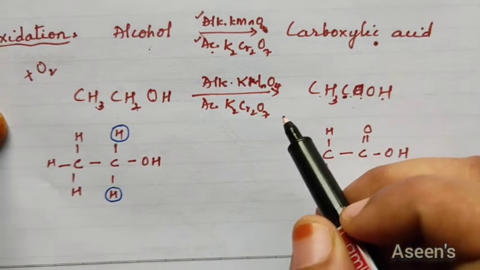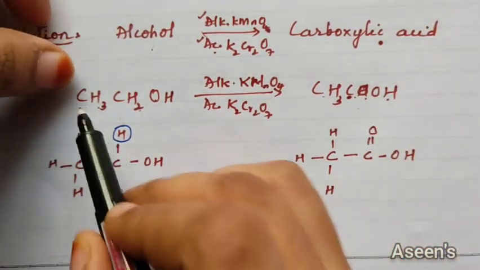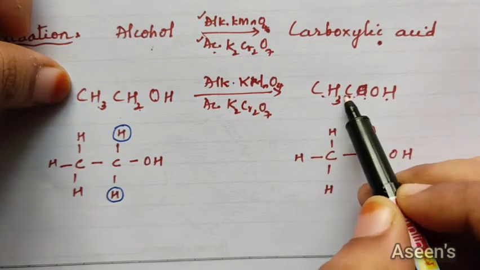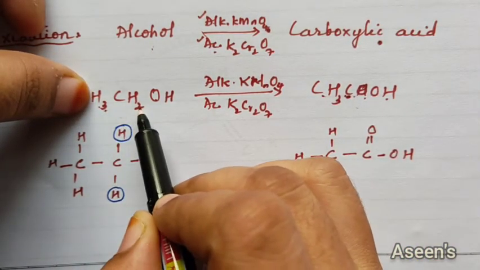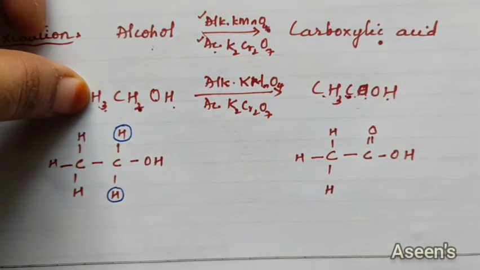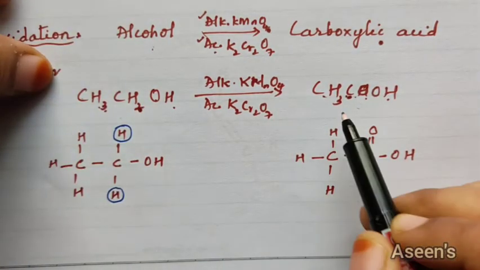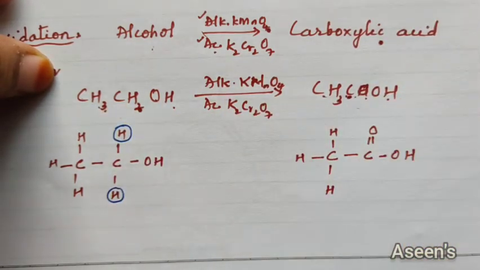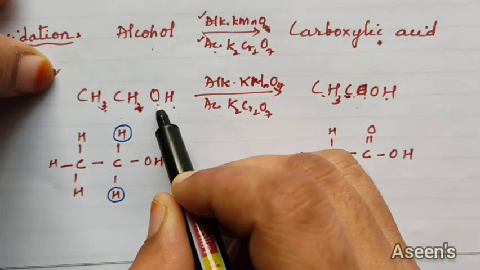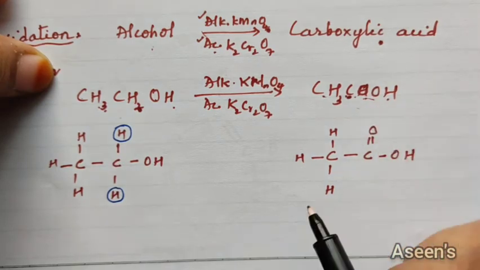Now if you count, we have got 2 carbons here and 2 carbons there. Here we have 6 hydrogens, in this case 4 hydrogens, so 2 hydrogens are missing. Here 1 oxygen, there 2 oxygens.